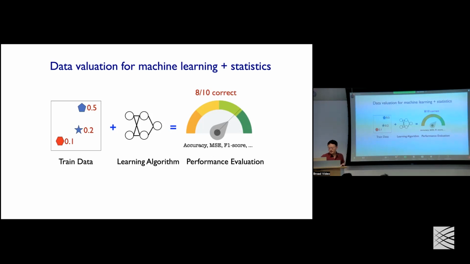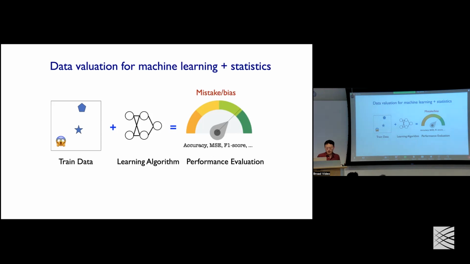And similarly, if my model exhibits some mistakes or biases, I would like to know, oh, this is the kind of data, maybe misannotated, that's contributing to that mistake. If I can do this end-to-end, going back from the result to the individual training data, then I can make the whole system much more transparent and easier to debug. So how to do this attribution is the problem that we call data evaluation.